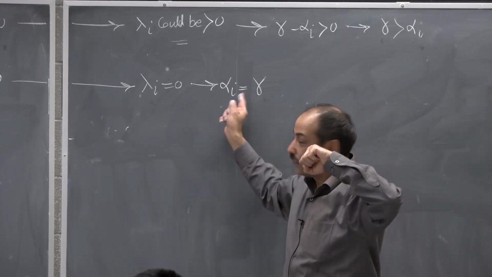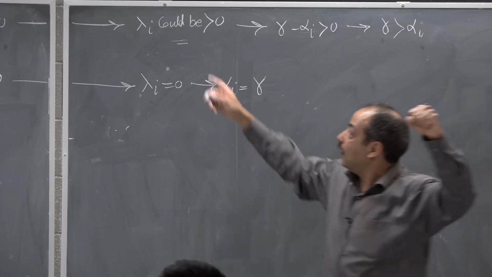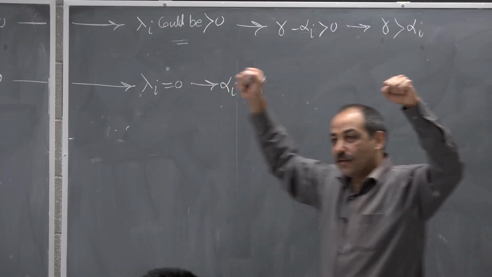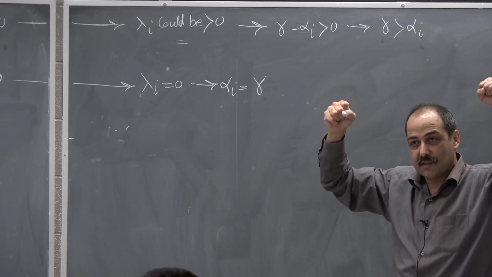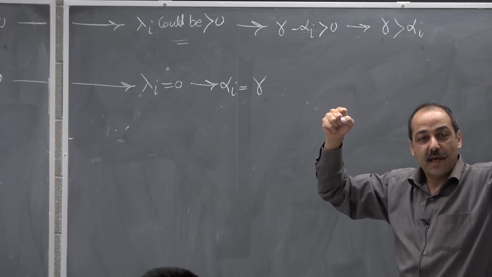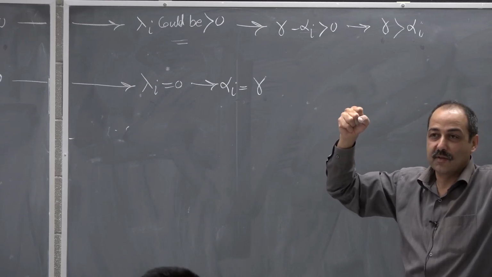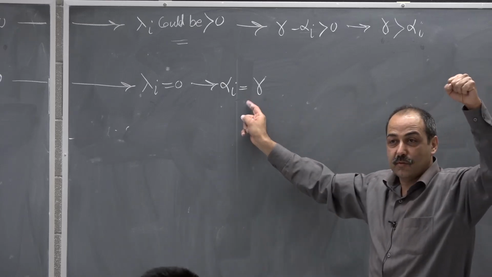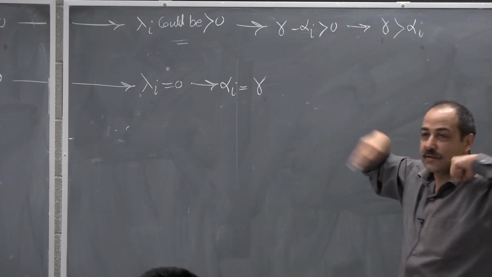If they violate the margin, for sure their alpha is gamma. If they don't violate the margin, their alpha could be less than gamma. Right? Could be less than gamma means that there's a possibility that they are equal to gamma as well. But we know that if it's equal to gamma, for sure they violate the margin. So it's not going to happen, actually.